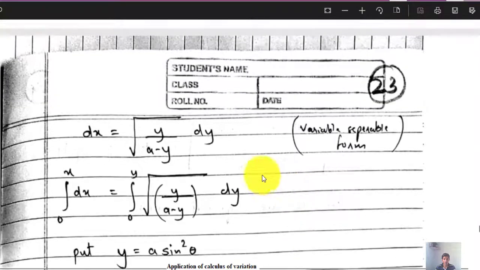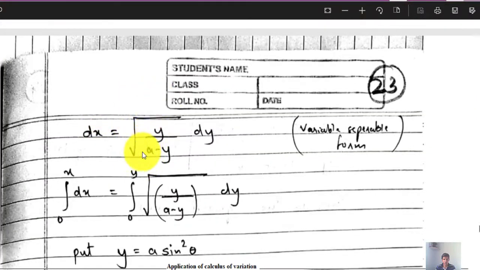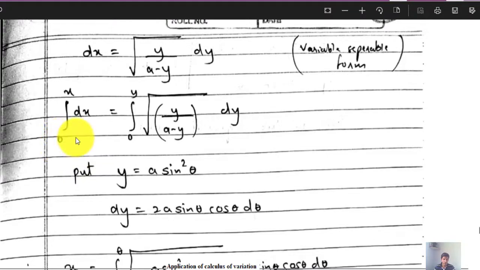Now dx is equal to, from here, okay, dx is equal to square root of y divided by a minus y dy, and this is nothing but the change of variable. Then whenever I am taking the value, from 0 to x, okay, so x is equal to integration from 0 to y of dy by square root of y by a minus y.